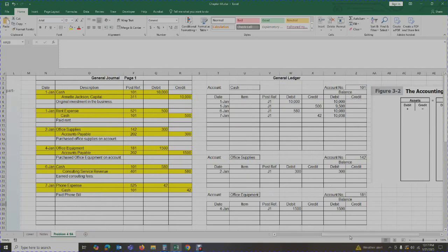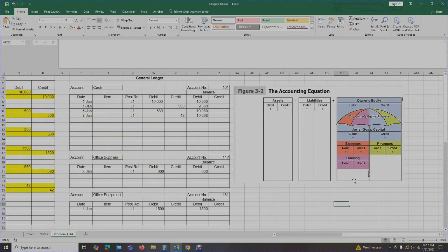How do you know if you add or subtract? You look at the accounting equation. It tells you if it's an asset and you've got a credit, you subtract. If it's an asset and you have a debit, then you add. If it's a revenue and it's increasing, you have more revenue, then you credit, you add. If it's a revenue and it's decreasing, then you debit. So this is kind of like a map that tells you what you need to do.